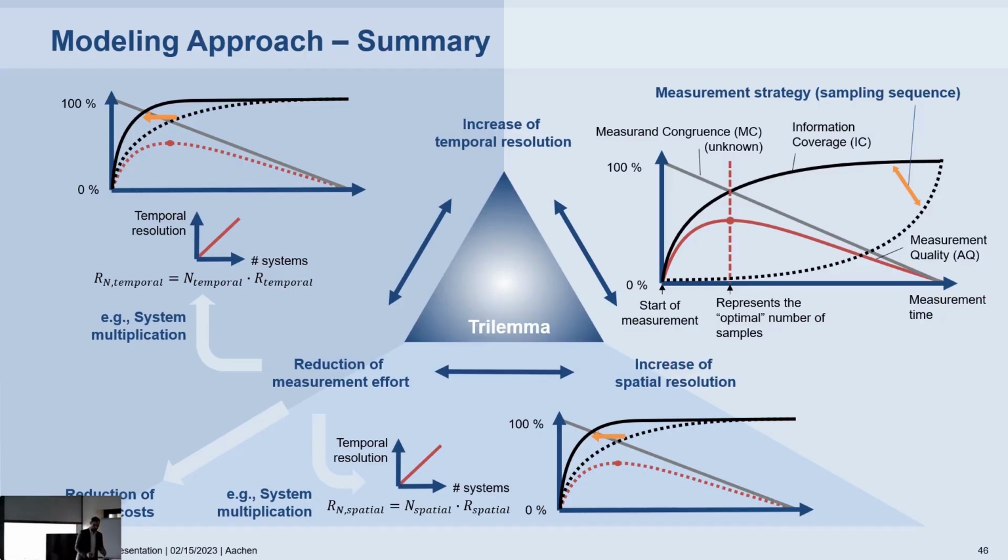So that is my modeling approach. It is still not perfect yet and probably not complete, but maybe it will help somebody in future to find an optimal setting or an optimal design for a measurement system when it comes to the measurement of non-stationary measurands.